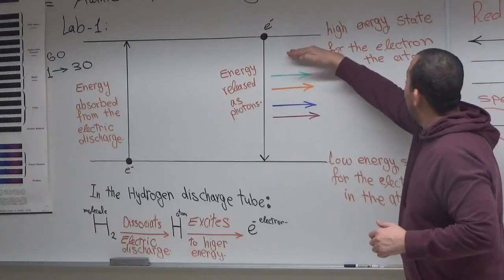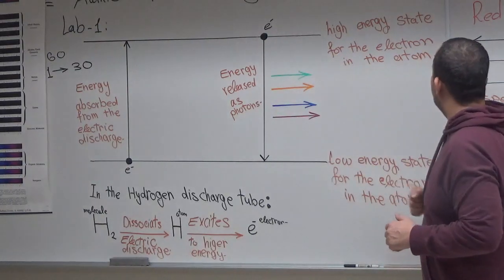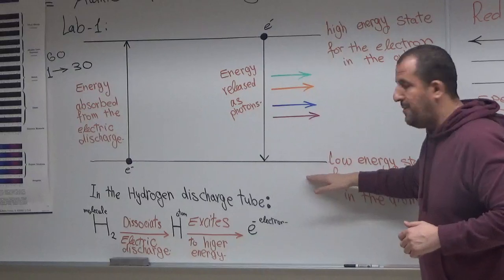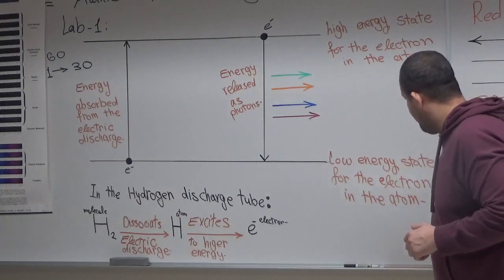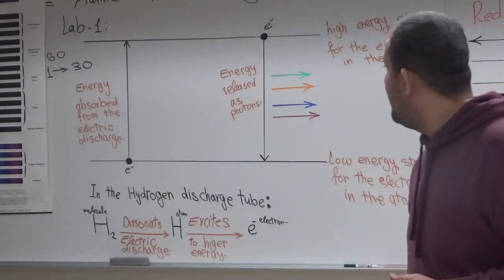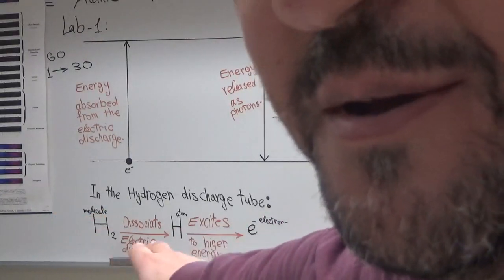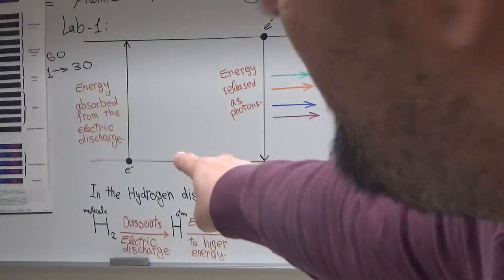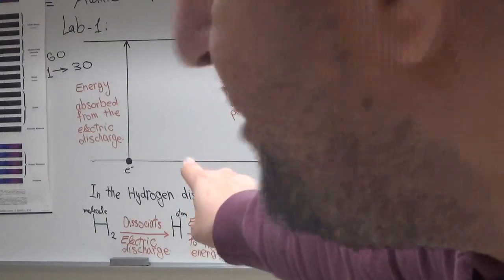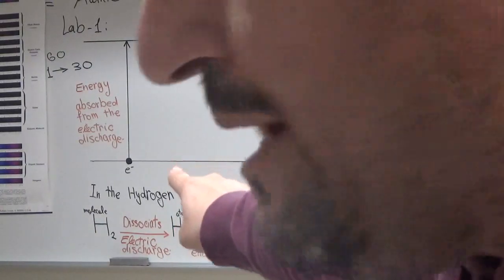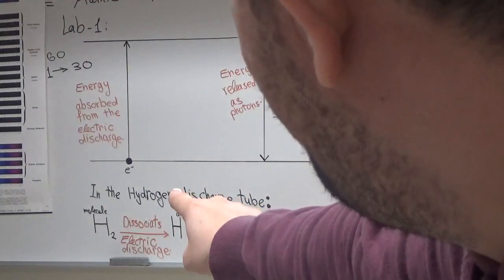So this is the high energy state of the electron in the atom, and this is the low energy state of the electron in the atom. If we go down, you can see that we have the hydrogen as a hydrogen molecule. When we apply the high voltage, what will happen?